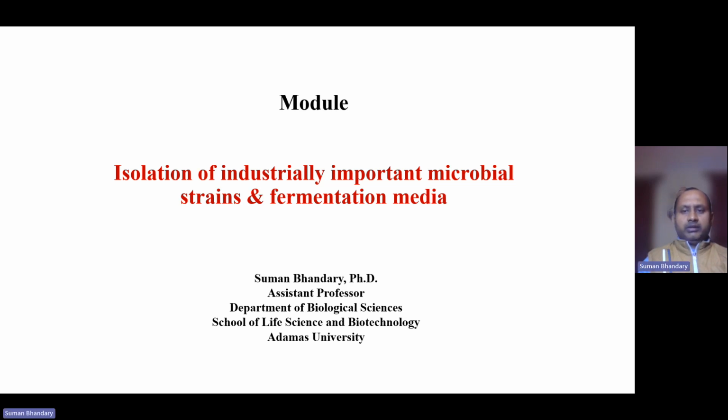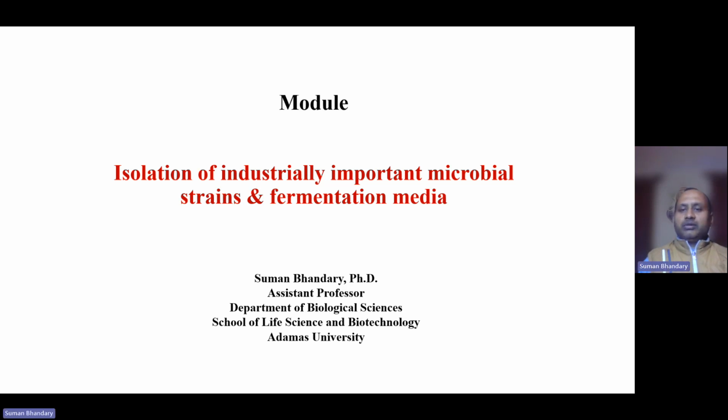In my first two lectures of this particular module, isolation of industrially important microbial strains and fermentation media, we have discussed about the sources of industrially important microorganisms. Then we have discussed about the screening strategies.